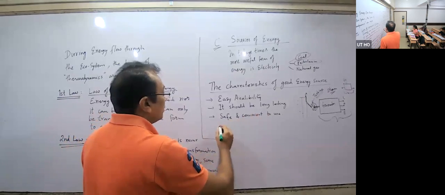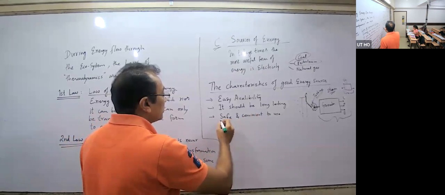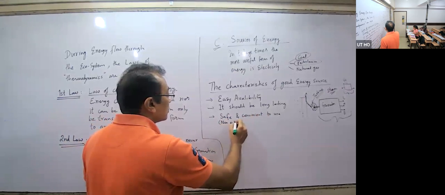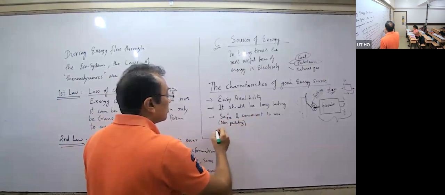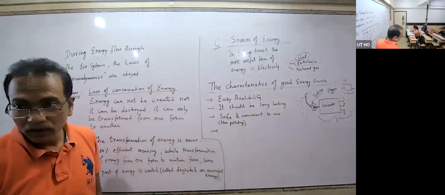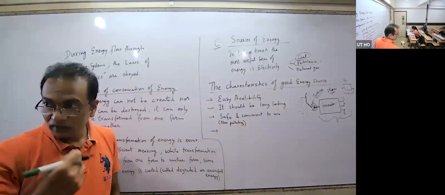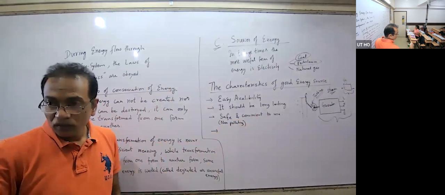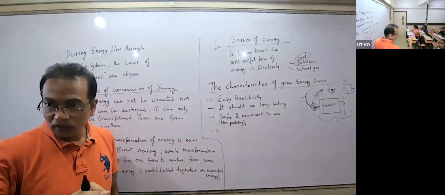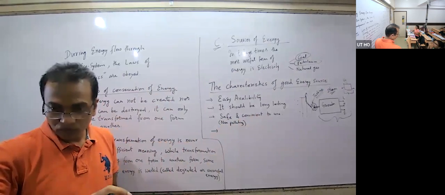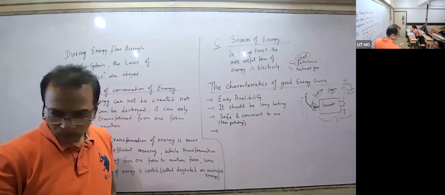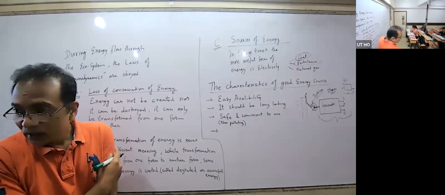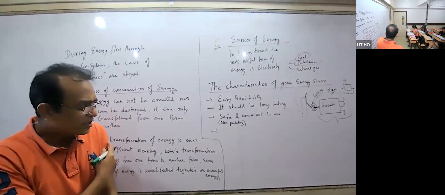It should be safe and convenient to use. Right? Safe as in non-polluting. Like, you burn the house down for the sake of energy, and then you are coughing. So what did they do in villages? We use what? Cow dung cakes, what do you call them? Cow dung cakes. Manure? It's cow dung cakes only, right?